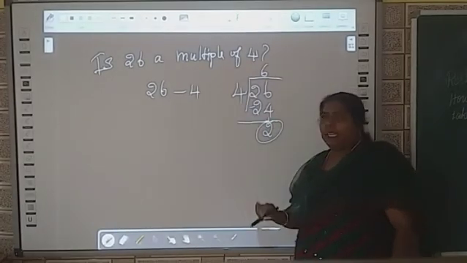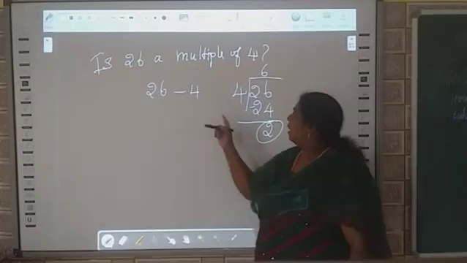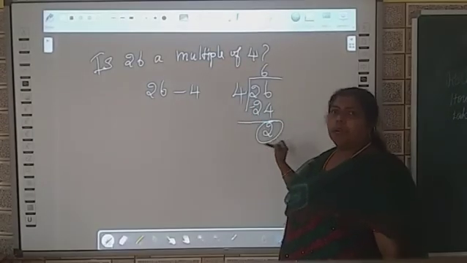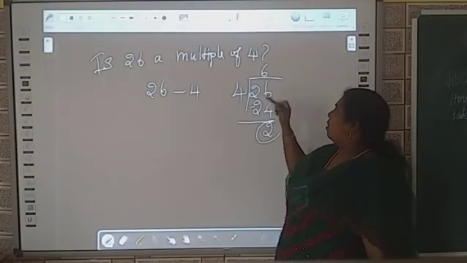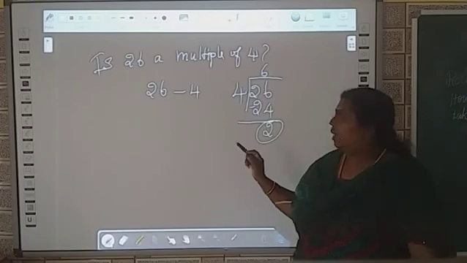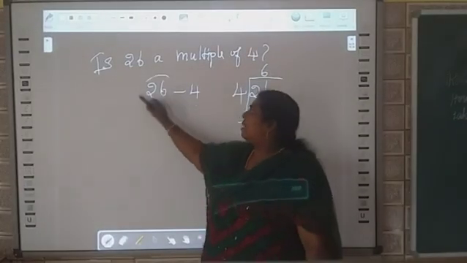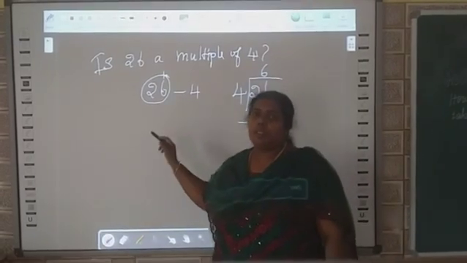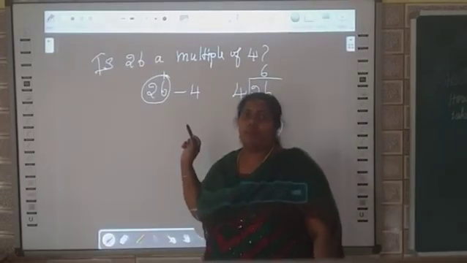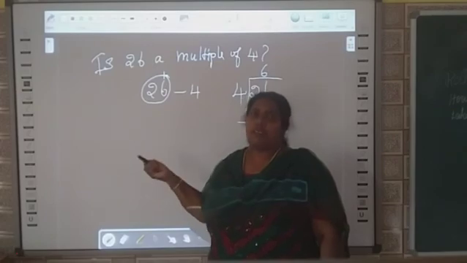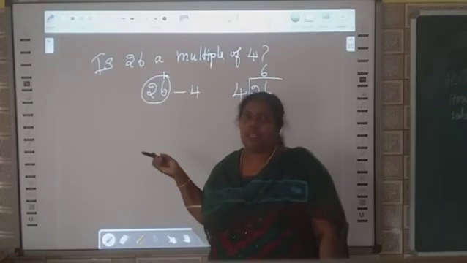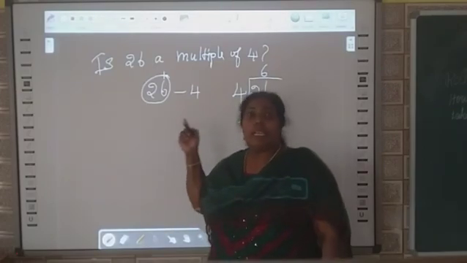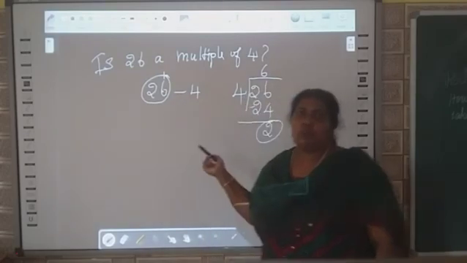So here we are getting a remainder. The remainder is 2. The quotient is 6, isn't it? So now this 26 is not a multiple of 4. Understand? 26 is not a multiple of 4. But 24 is a multiple of 4, isn't it? But here we are getting a remainder. The remainder is how much? 2.